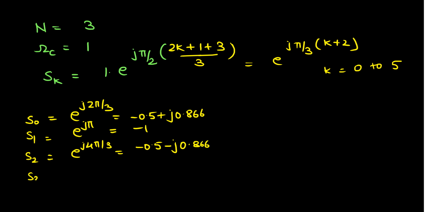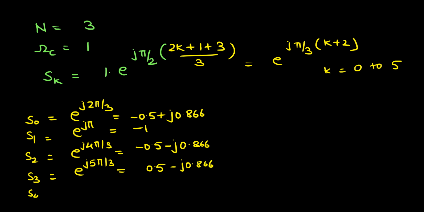Then s3 is equal to e to the power j 5 pi by 3, which is equal to 0.5 minus j 0.866.